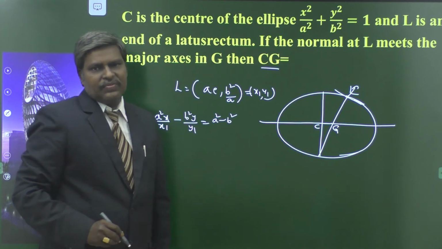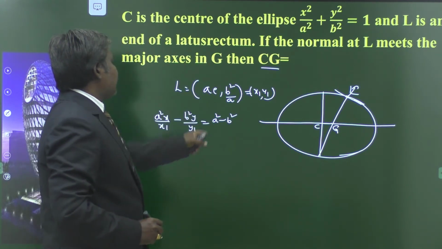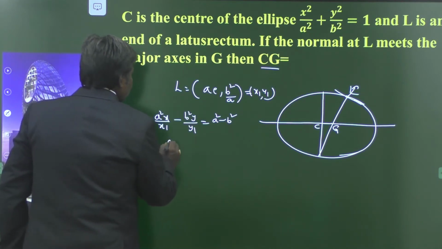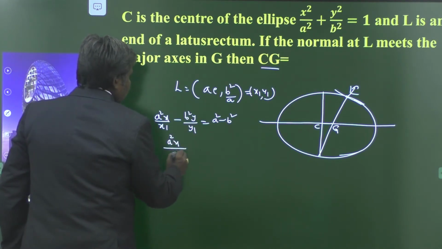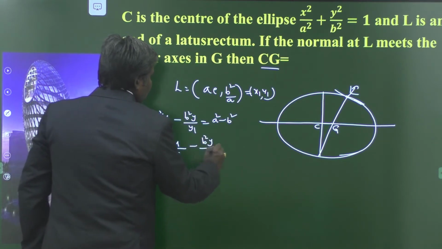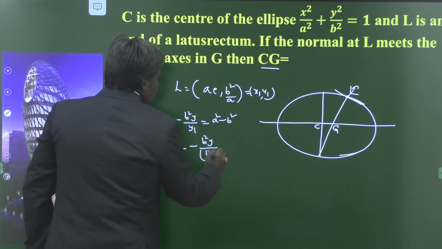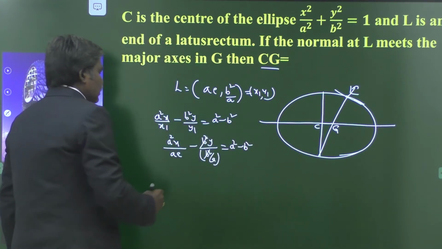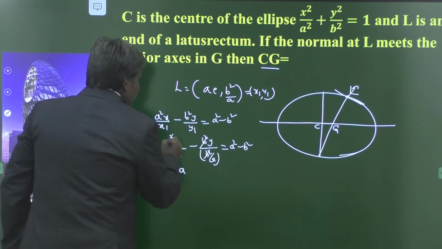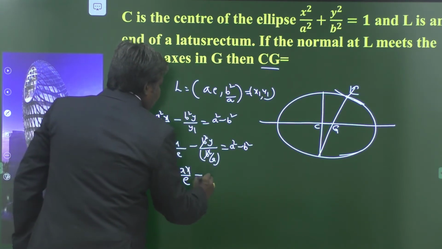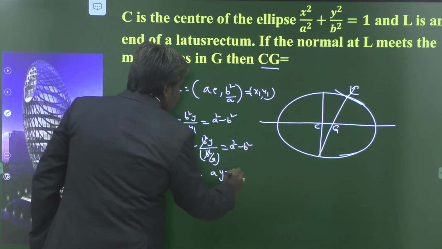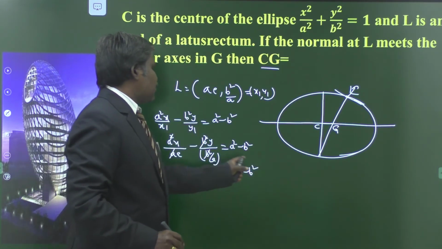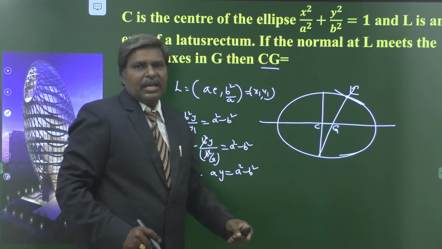Now replace x1 by ae and y1 by b square by a. We get a square x by ae minus b square y by b square by a equals a square minus b square. B square gets cancelled, a gets cancelled. ax by e minus ay equals a square minus b square. This is the equation of the normal at the end of the latus rectum.